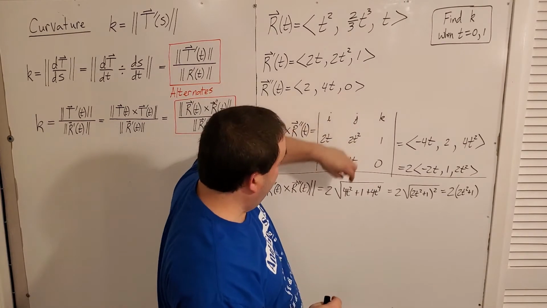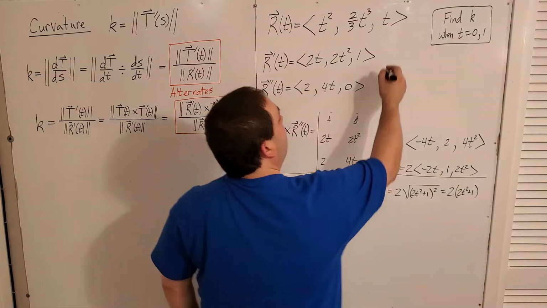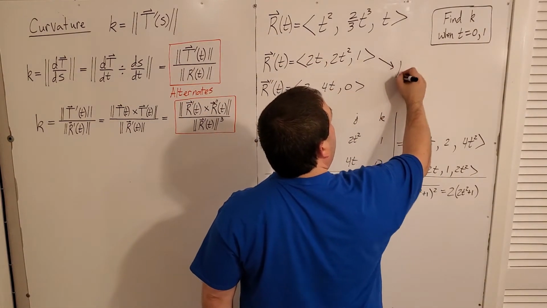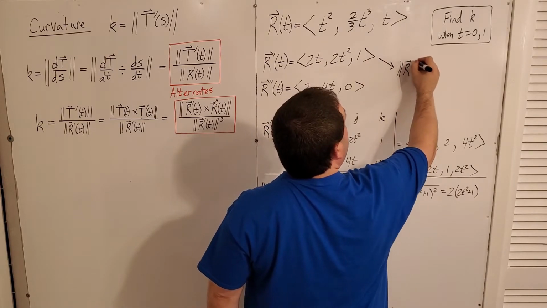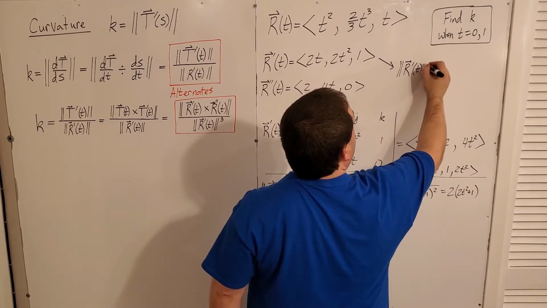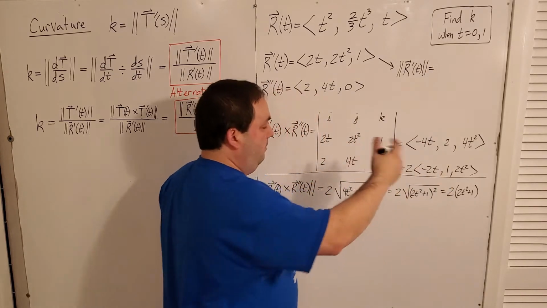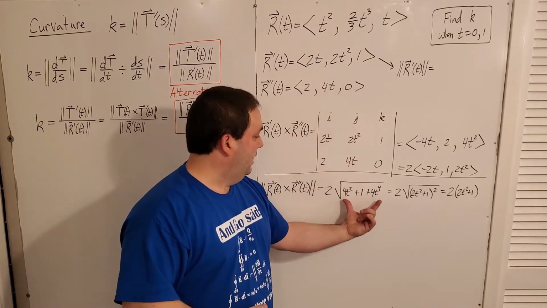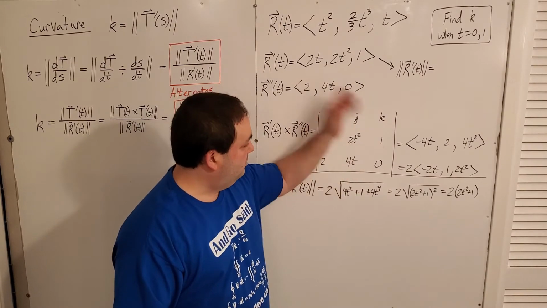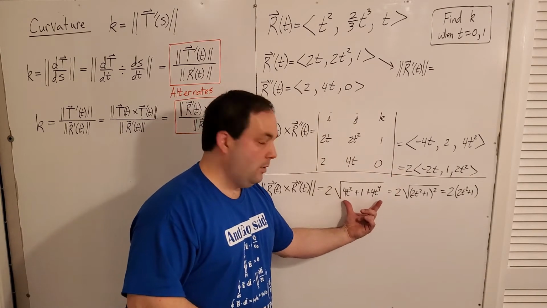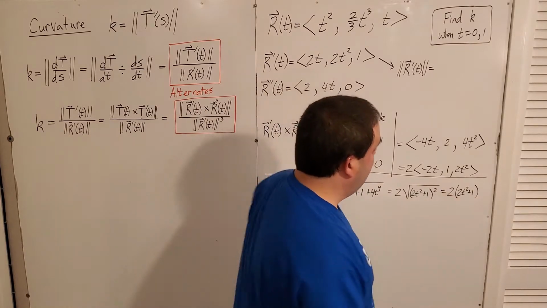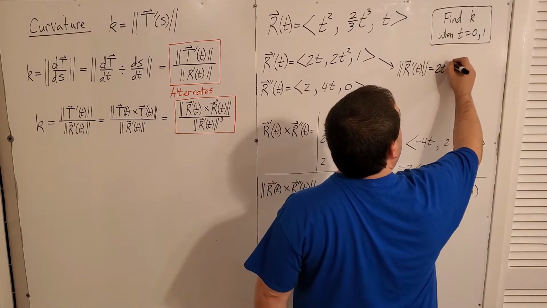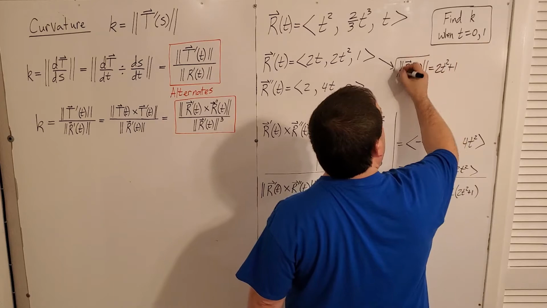So when I do the magnitude of this guy right here, it's going to end up being the same thing because it's all the same pieces, just in a different order. But the magnitude calculation doesn't care about that. When I do this magnitude, I'm going to end up with this same setup, just not with the 2. I'll just end up with this square root again, which is just going to give me the 2t squared plus 1, right? Okay.